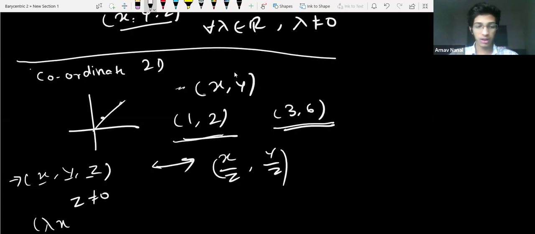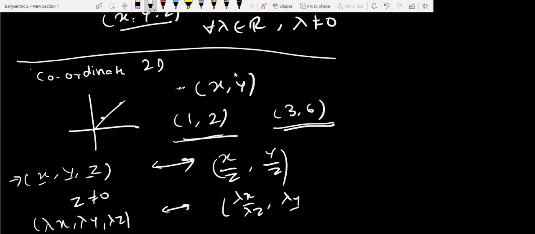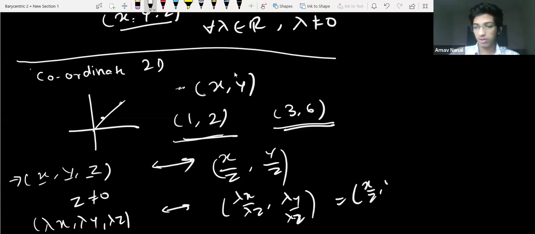If I multiply this by any lambda, it corresponds to lambda x by lambda z comma lambda y by lambda z, which is the same as x by z comma y by z. So this is scalable. This is another way to use the coordinates.